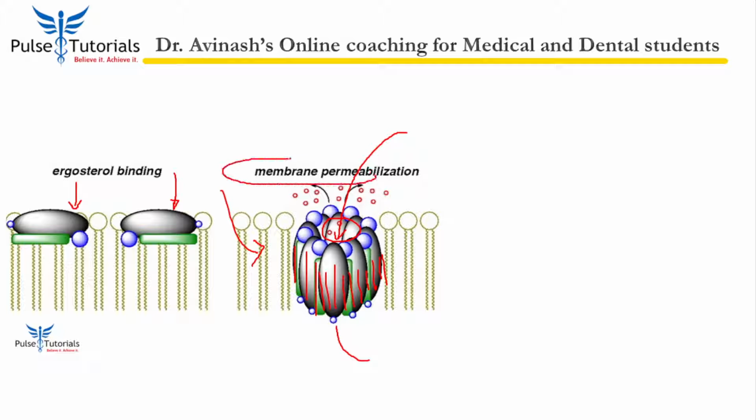The membrane permeabilization takes place, and because of that the fungal cell starts to lose all the important substances, ions, amino acids, water soluble substances just go out, and that's the reason why the fungus can die. Okay, so permeability is increasing.